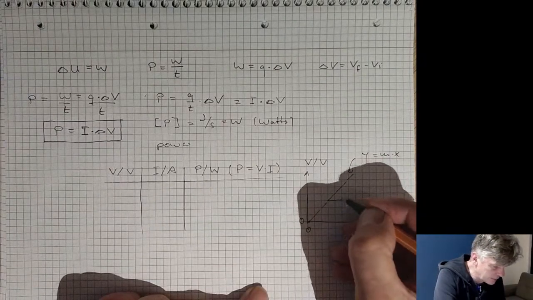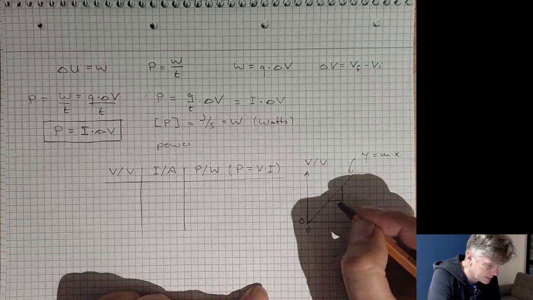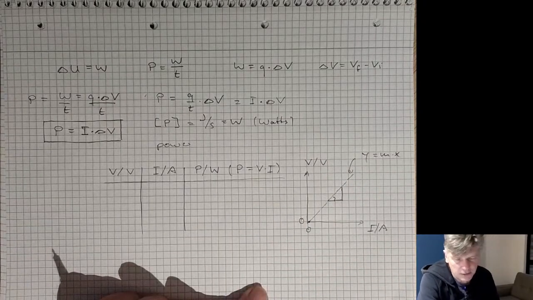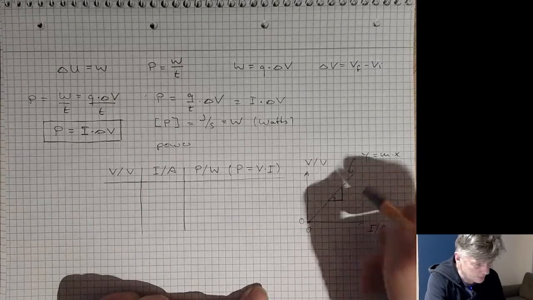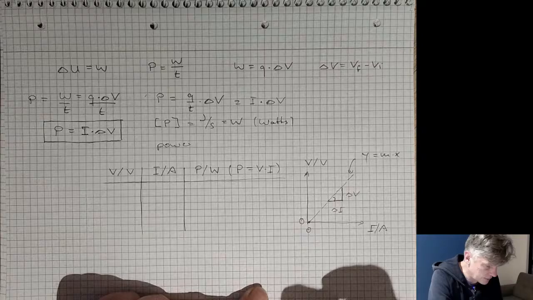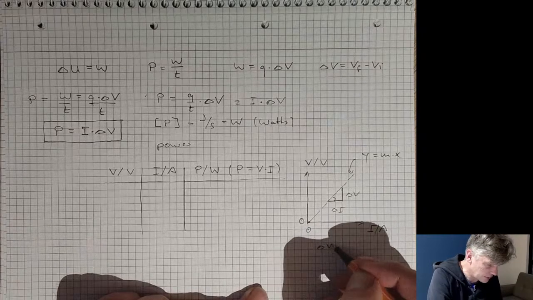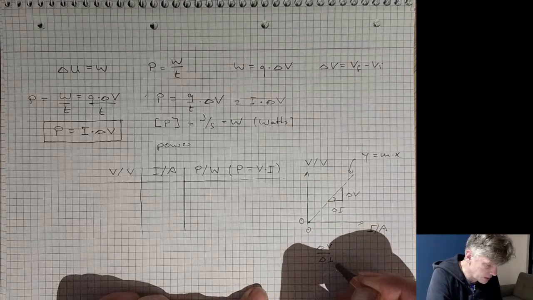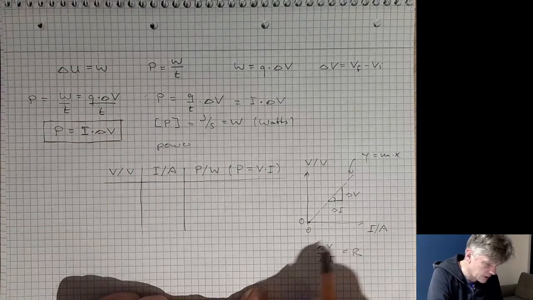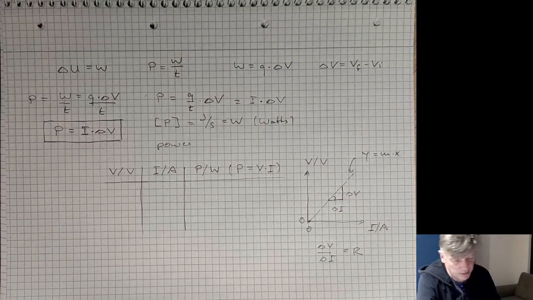But we said that the slope of this line is the resistance, because it's how the voltage changes with current. So how does the voltage change with current? A little voltage change with a little current change.